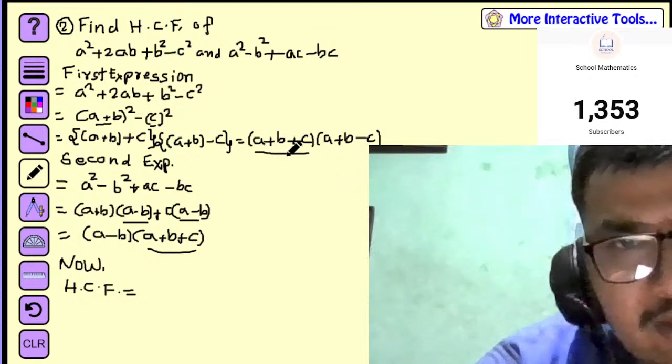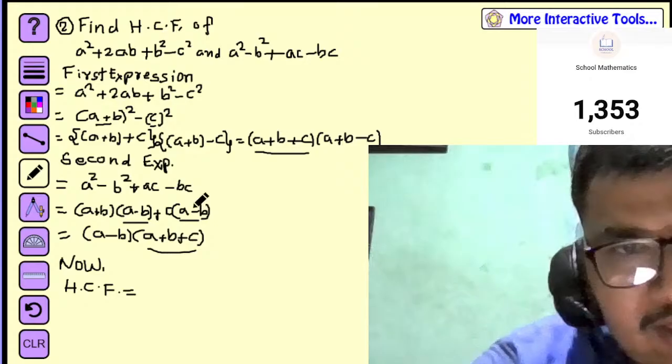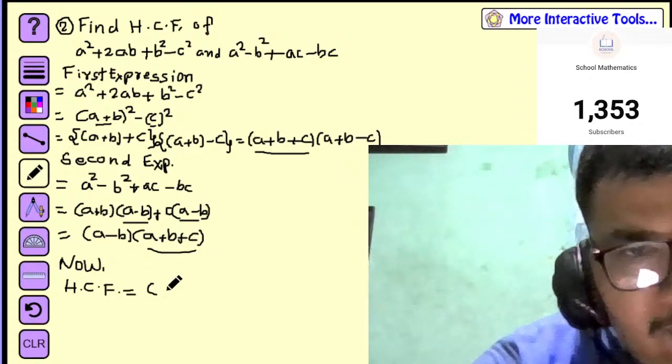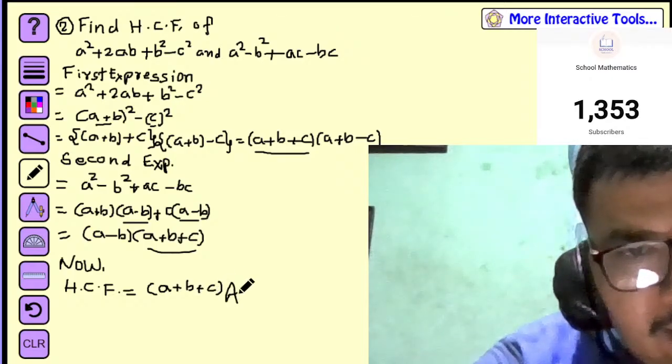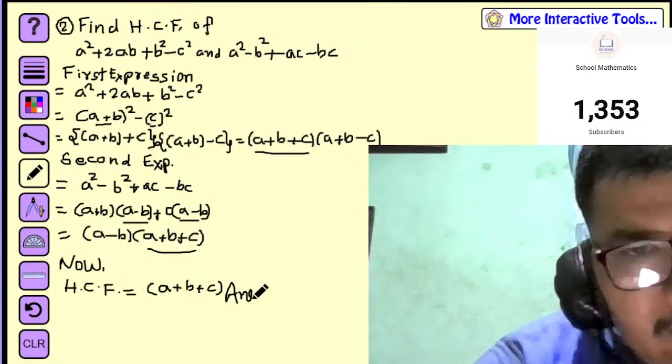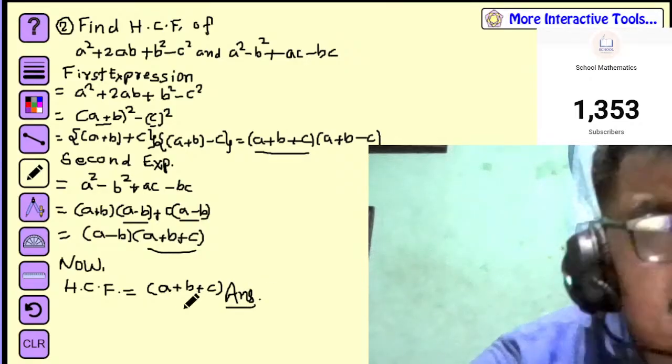These are the same factor, they are the common factor. That's why the common factor of both the expressions, first and second, that is a plus b plus c, is known as the HCF of this question, okay.